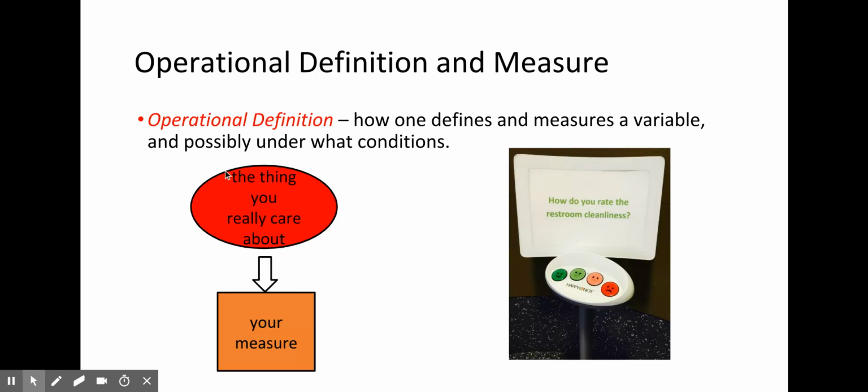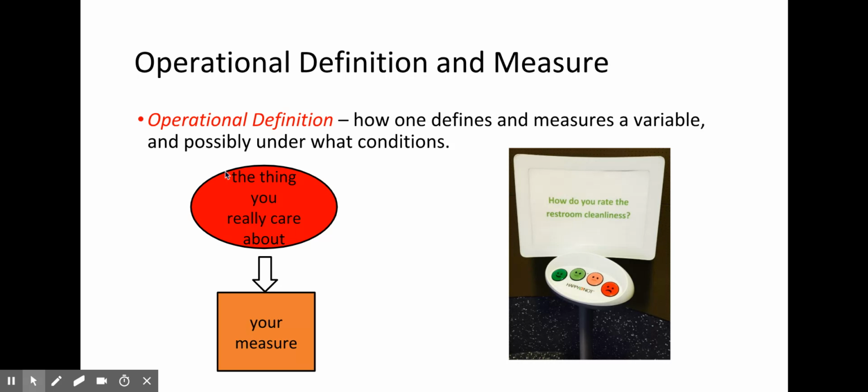And operational definition. Sometimes this is the thing you like to measure, like anxiety, right? Or depression, or sleepiness. But that's a construct that you really care about. We call it a factor, a construct type of thing. But how do you operationalize that, turning it into a number?